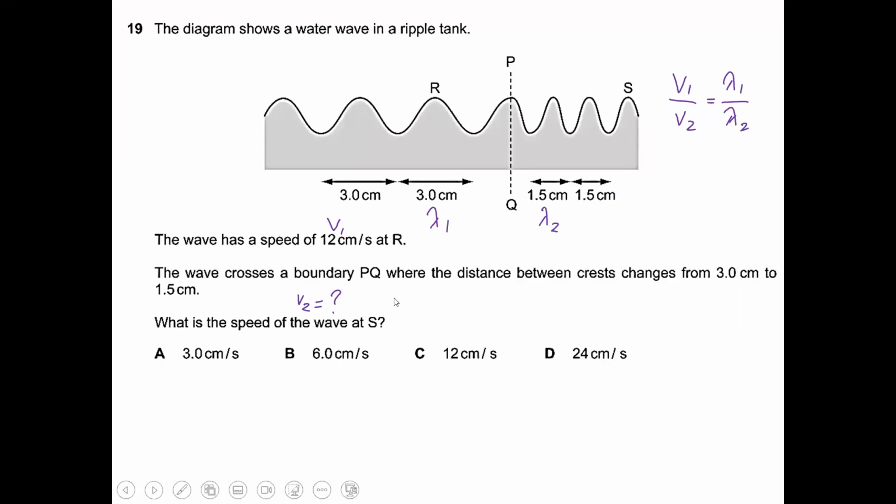If you put the values, look at the working.